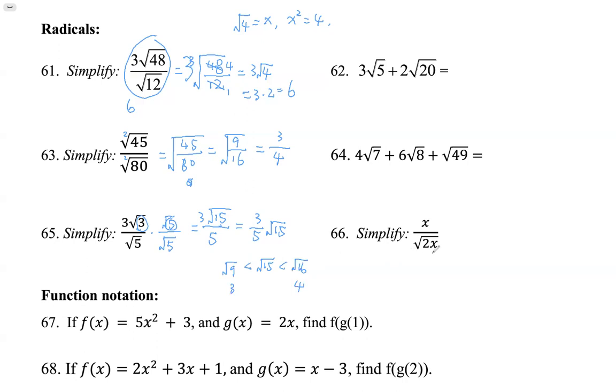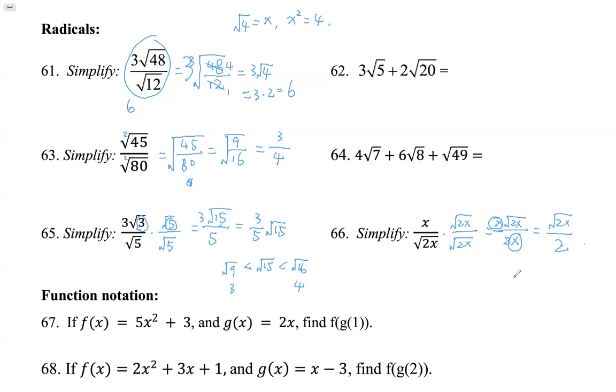Now let's see 66. We're going to do the same thing. We multiply by the square root of 2x in the numerator and in the denominator. Once we do this, we get 2x in the denominator, and x times the square root of 2x in the numerator. Now we see we have x as a factor in the numerator and in the denominator, so those cancel. So we have the square root of 2x divided by 2.